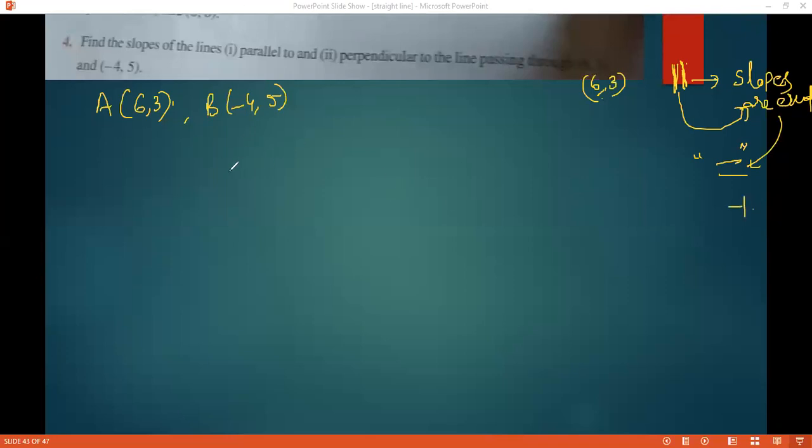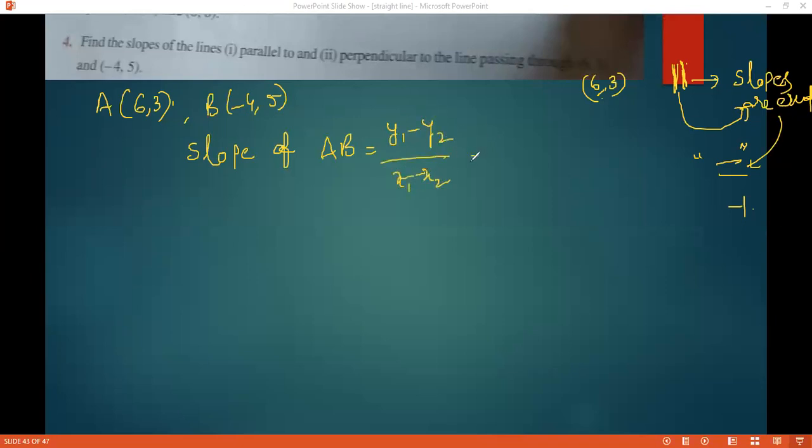So let us consider the first case, slopes are parallel. Slope of AB is y2 minus y1, or y1 minus y2. Let me write the formula first: slope of AB is y1 minus y2 by x1 minus x2.